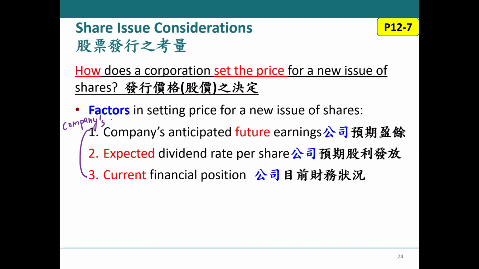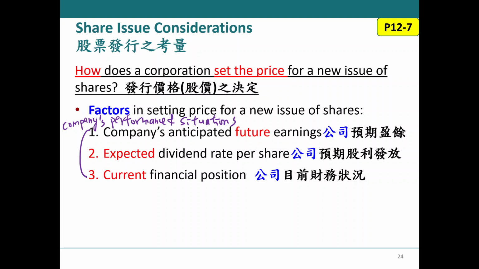So your company's performance situation will determine the share price. But it's not enough. Even though you are a good company, you cannot make sure today your share price will be higher. Maybe your share price will get lower. Why?